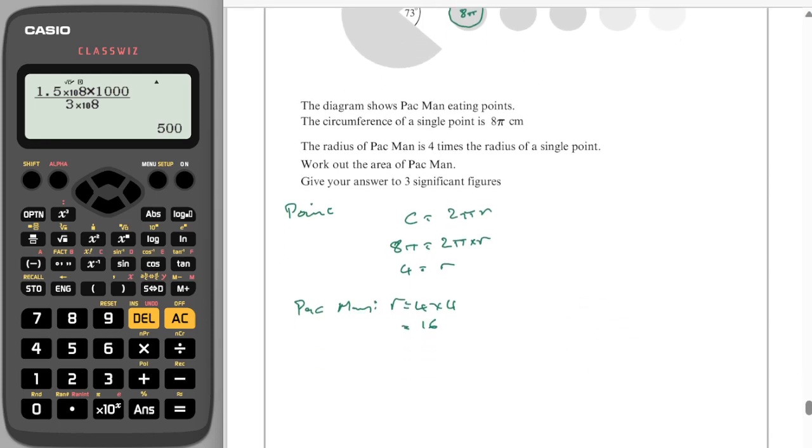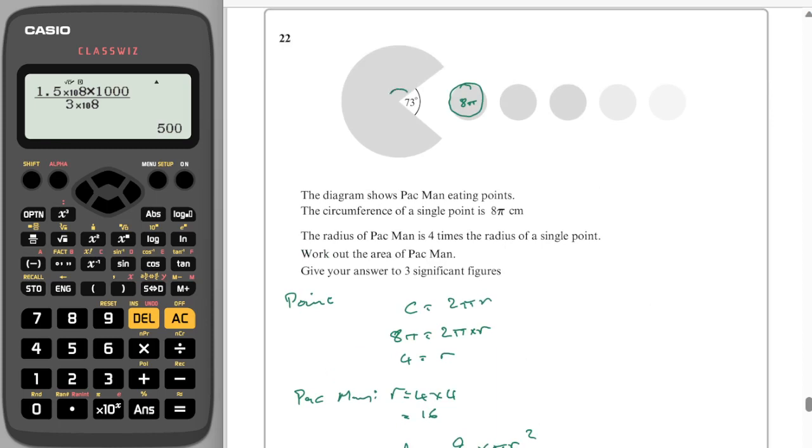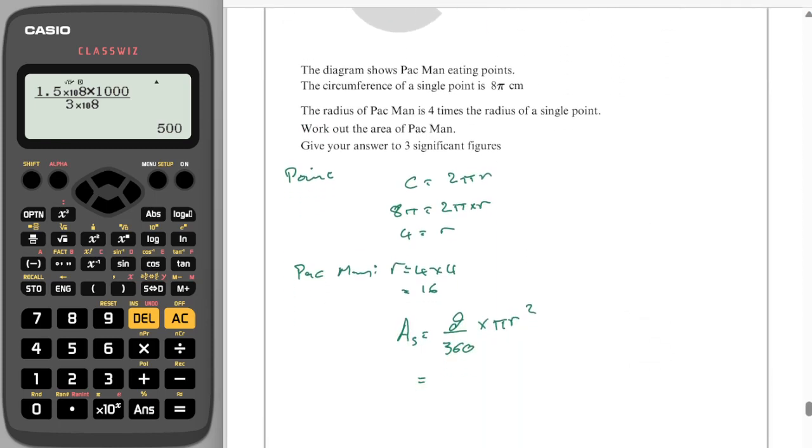So the area of a sector is going to be equal to the size of the angle divided by 360. It's kind of a fraction of a circle, times pi r squared. So if that angle there is 72, then the other angle would be 360 minus that.